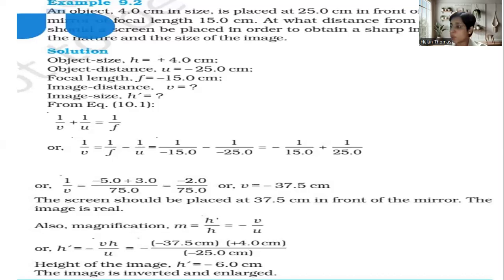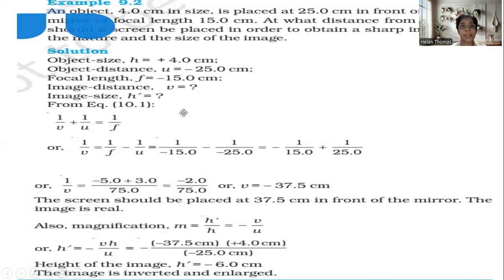No, the m will be minus 1.5. So minus 1.5 means the modulus value of magnification is greater than 1. So the image is a bigger image. So it's an enlarged image.